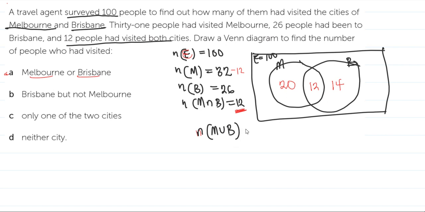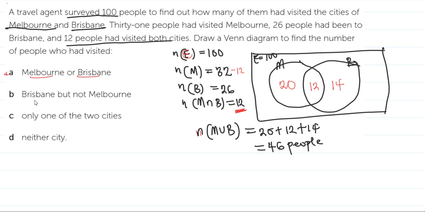This will be their union. That will be 20 plus 12 plus 14. If we add this up, we'll have 46. So 46 people had visited Melbourne or Brisbane.